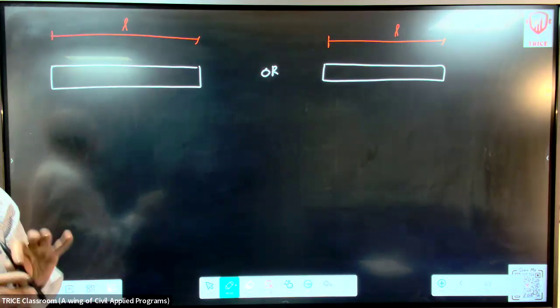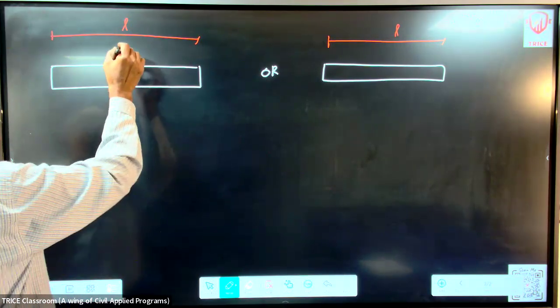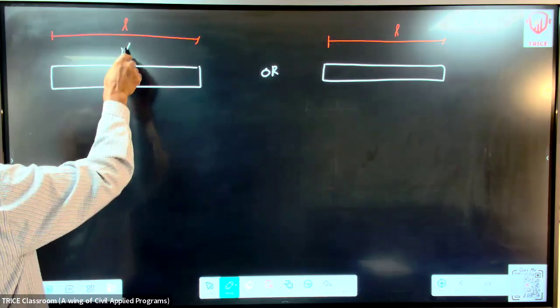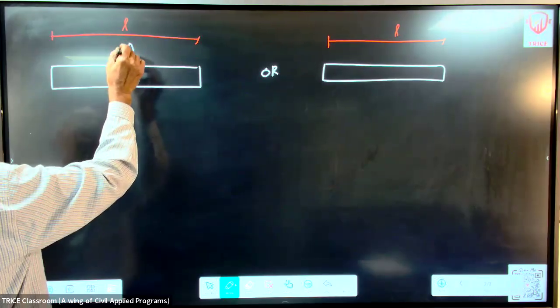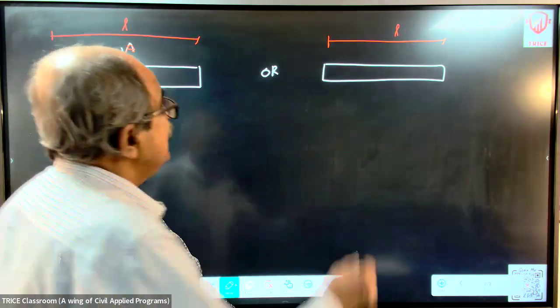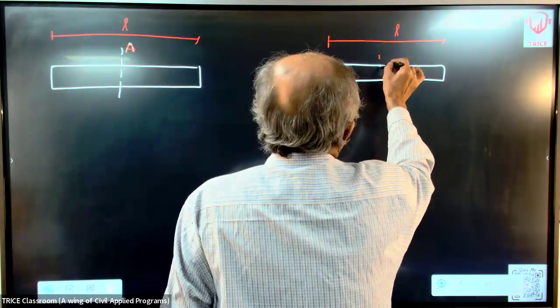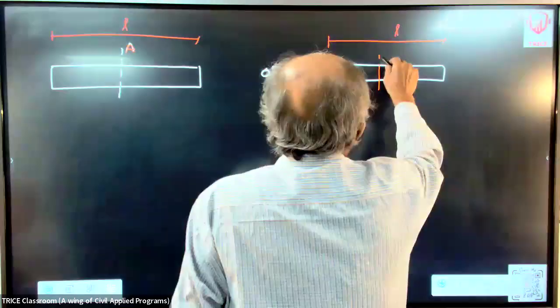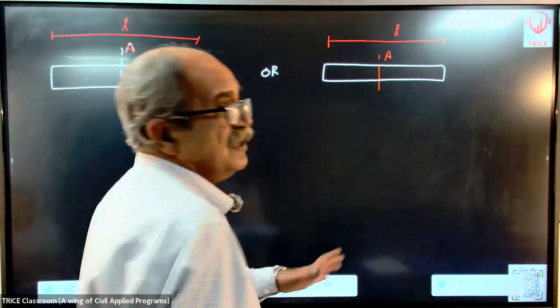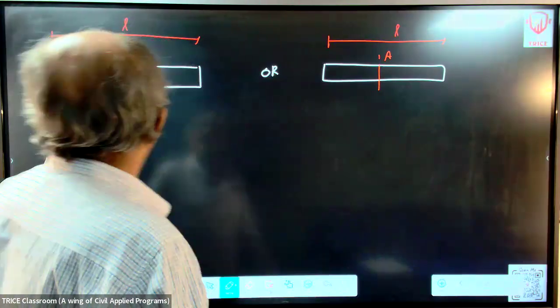When you cut, you are seeing cross-section. So I show a small cut here and write A, which means cross-sectional area.